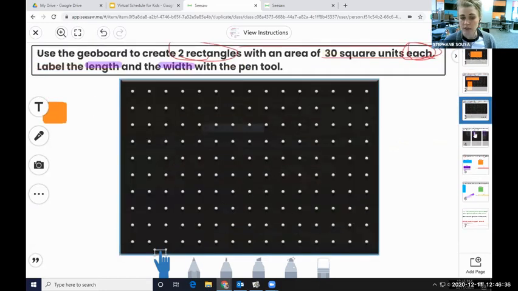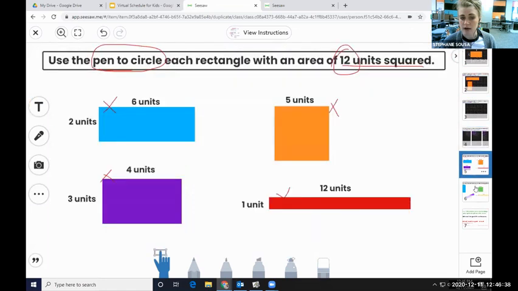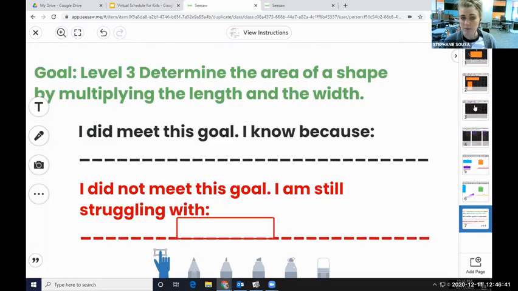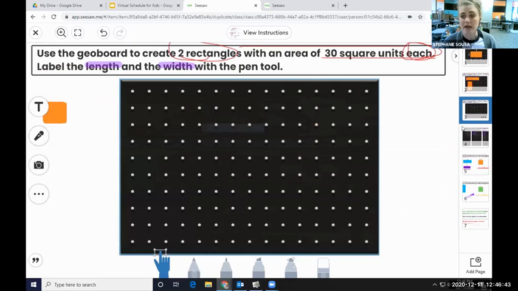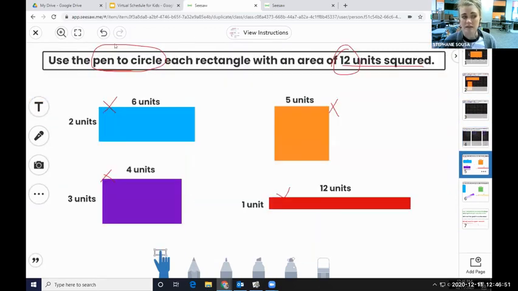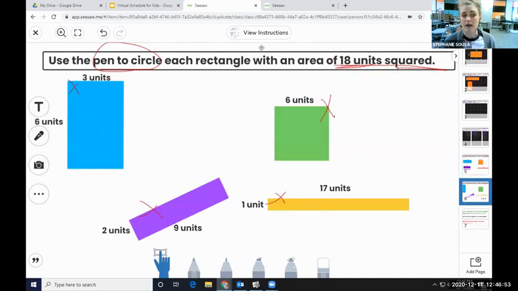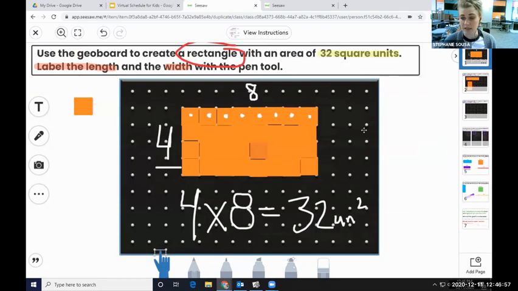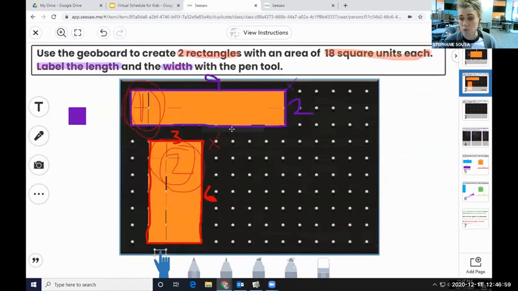So you will complete slides 3, 4, 5, 6, and 7. And remember, each one of these slides has more than one answer. This says create 2 rectangles. This says create as many as you can. This says circle all of them that are right, circle all of them that are right. So you're not just creating one rectangle like we did at first. I should see more than one. Okay, alrighty.